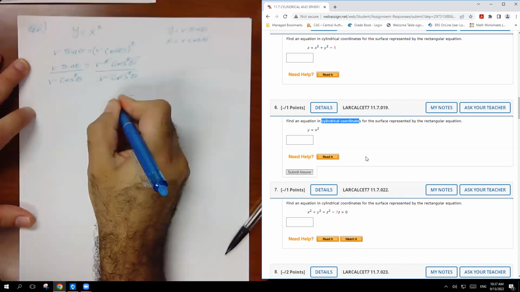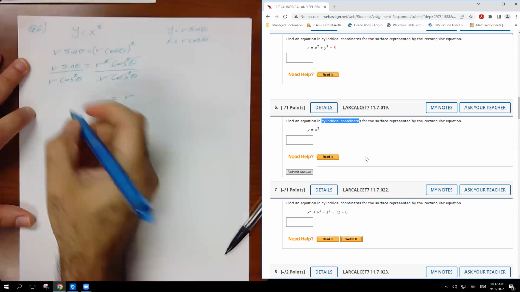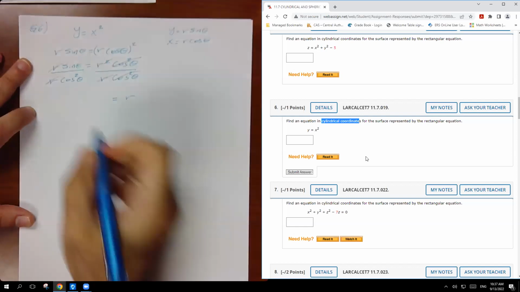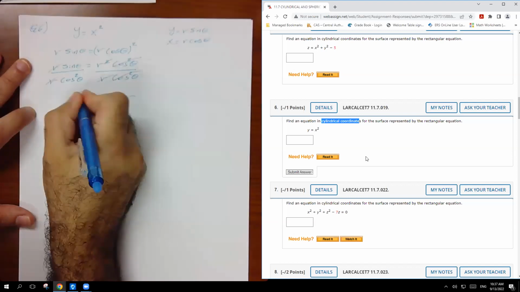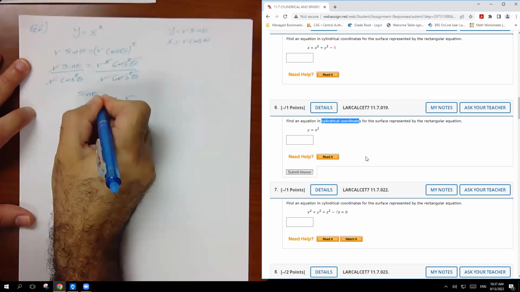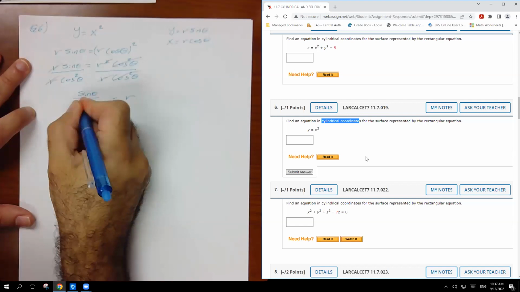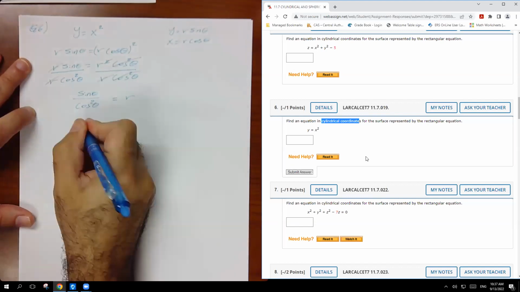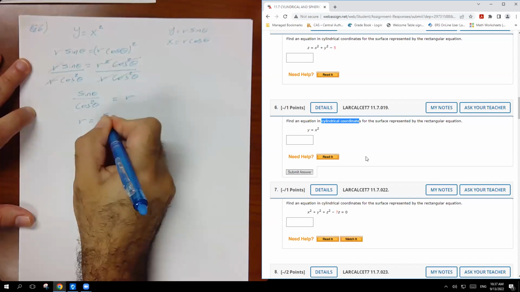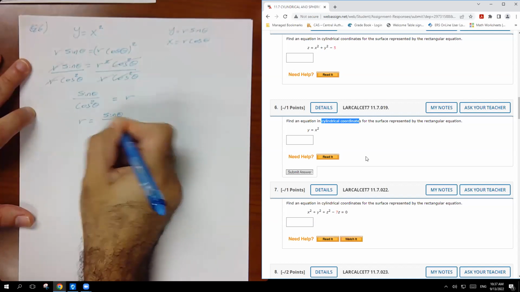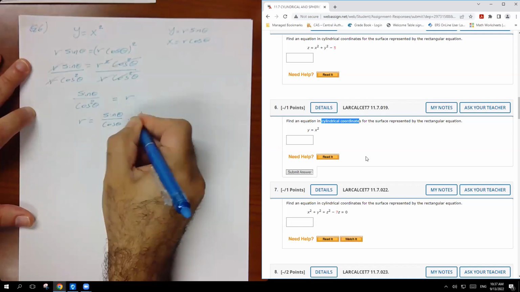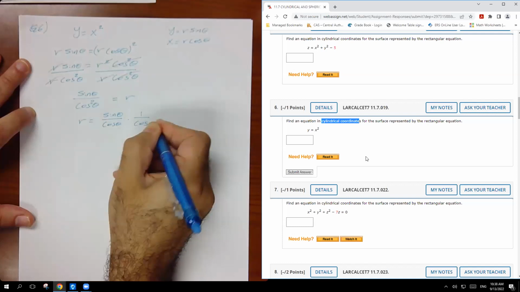R equals, on the other side, you're going to cancel the r with the r. What's left is sine theta over cosine squared theta. Now, I can write this as sine theta over cosine theta times 1 over cosine theta.